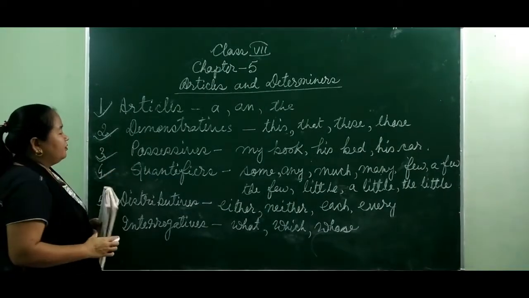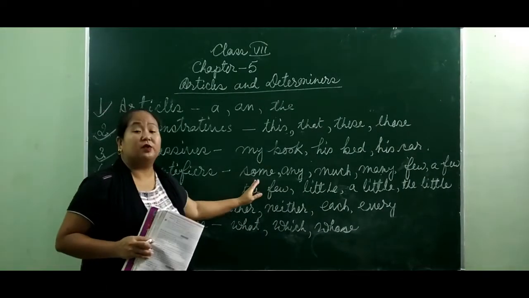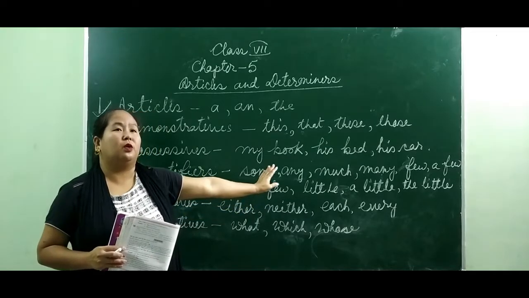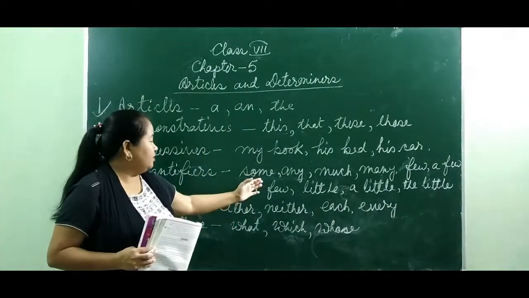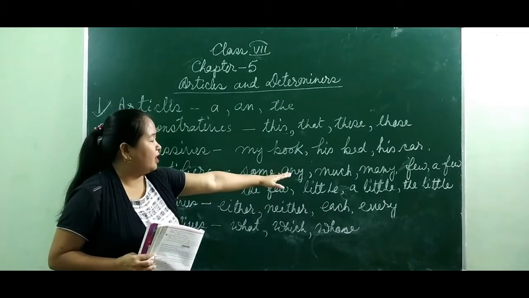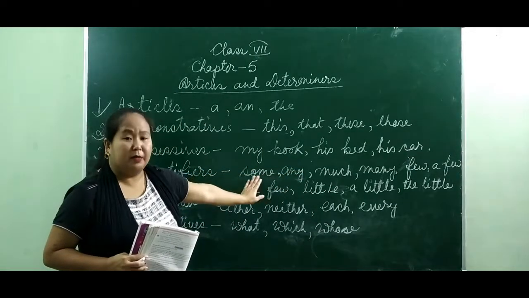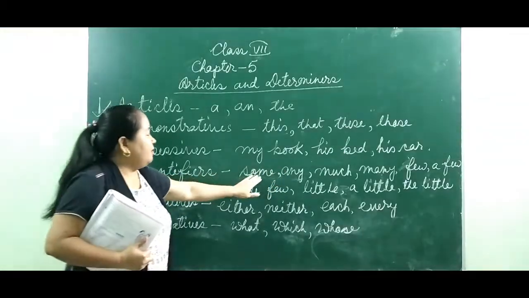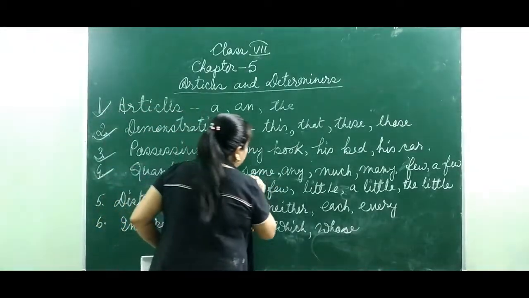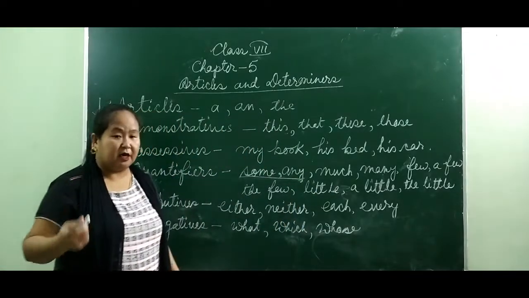Okay, quantifiers, we use quantifiers when you want to show how much, how many, or how little. Examples of the words are some, any, much, many, a few. There are many more, I have written only a few here. Here the words some and any are used with both countable and uncountable nouns.